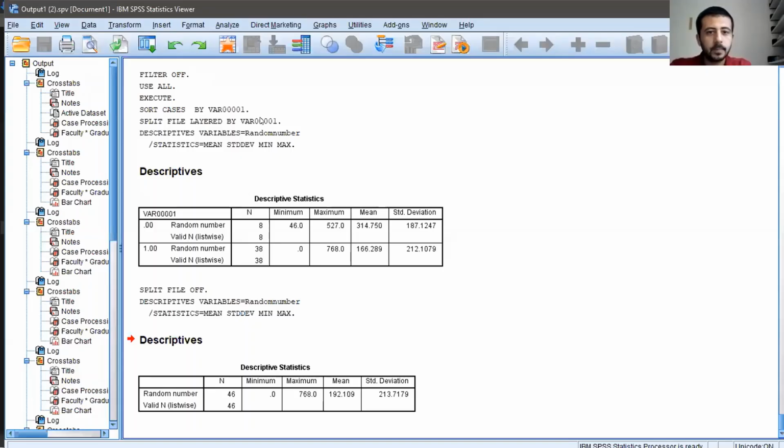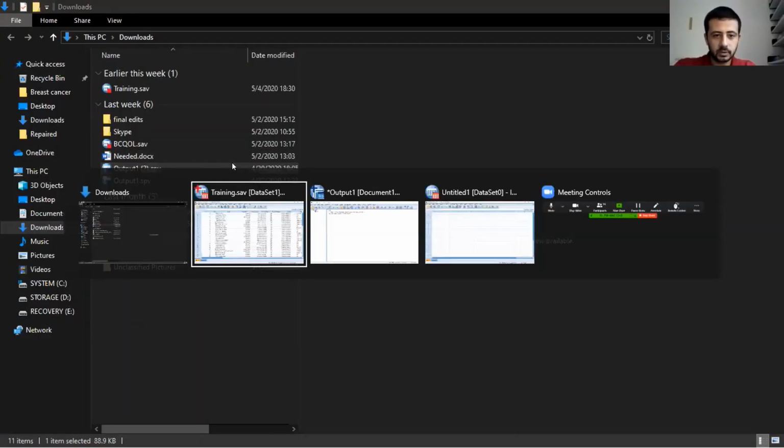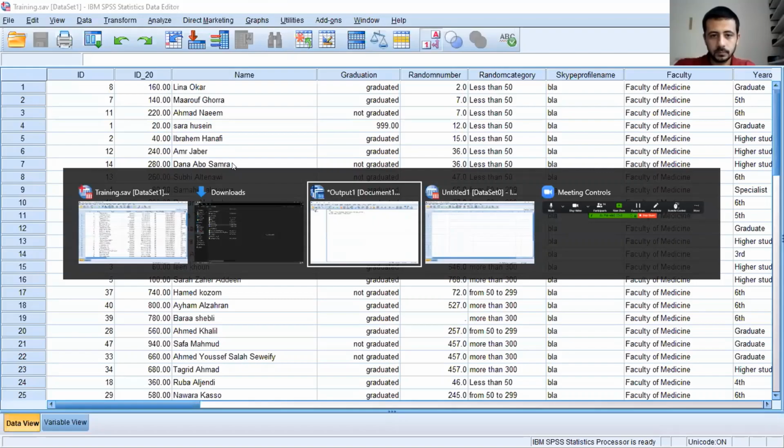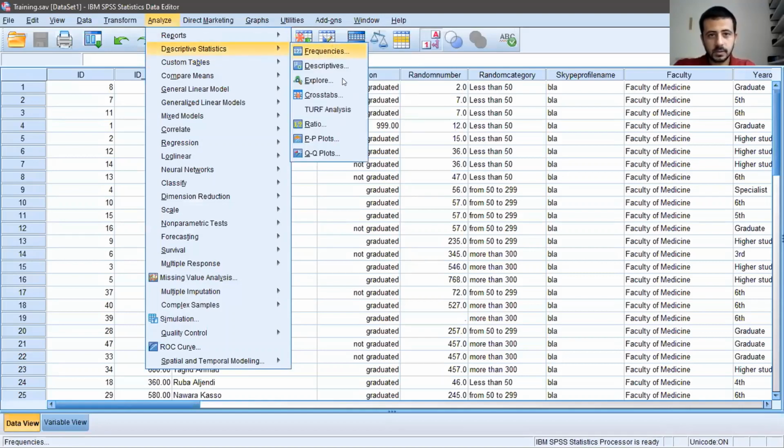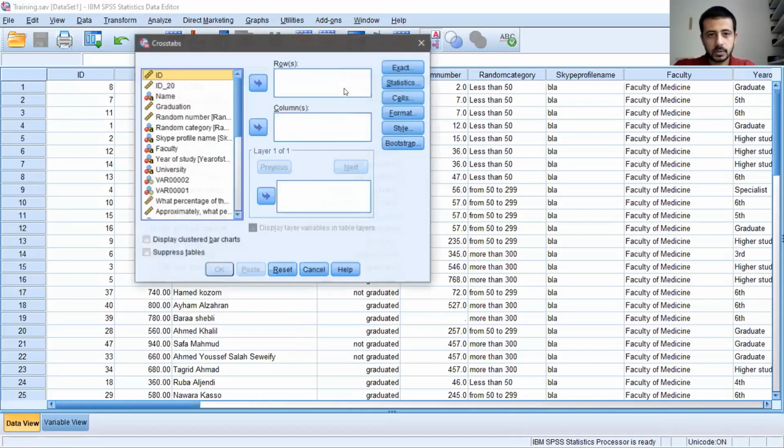It seems like I didn't save the file from the last session. But we have analyzed descriptive statistics. As you remember, cross tabs.